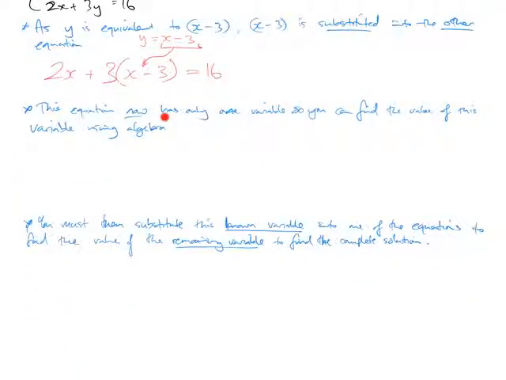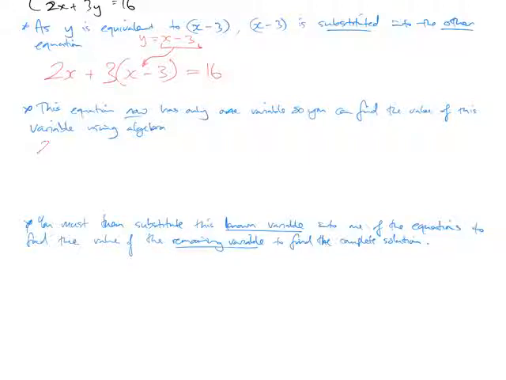So now notice this equation now has only one variable, so you can find the value of this variable using algebra. There's no y's here anymore. We replaced y with a statement that involved x instead. So we can use algebraic simplification and expansion to get rid of everything and solve for whatever x is.